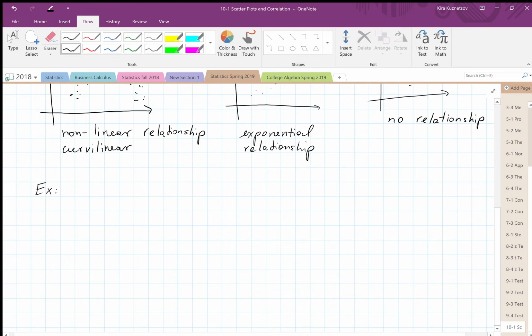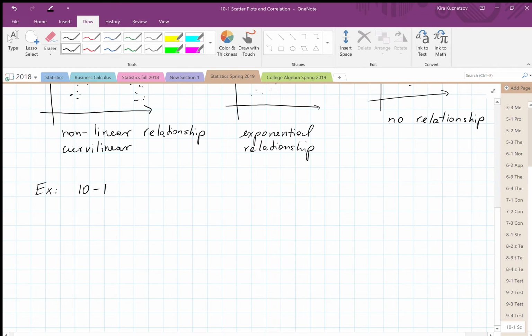The example in the book has a few data points that you can use to construct a scatter plot. I am doing example 10-1.